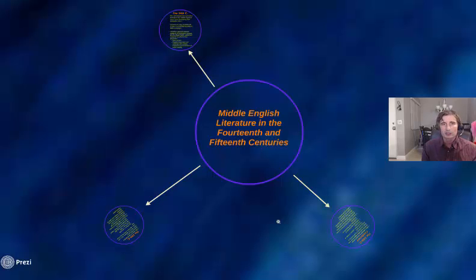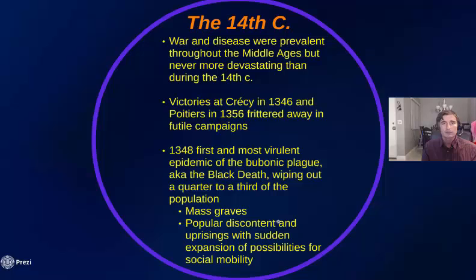So Middle English literature in the 14th and 15th centuries. This is the 1300s and 1400s. We're getting near the end of this. A lot happens during this time. War and disease were prevalent throughout the Middle Ages, but never more devastating than during the 14th century, the 1300s.